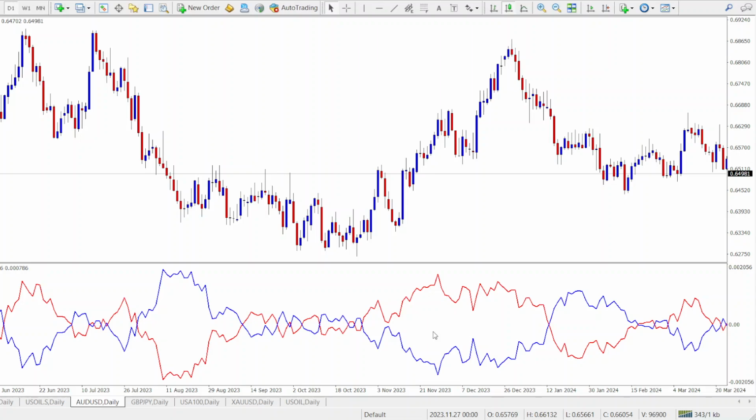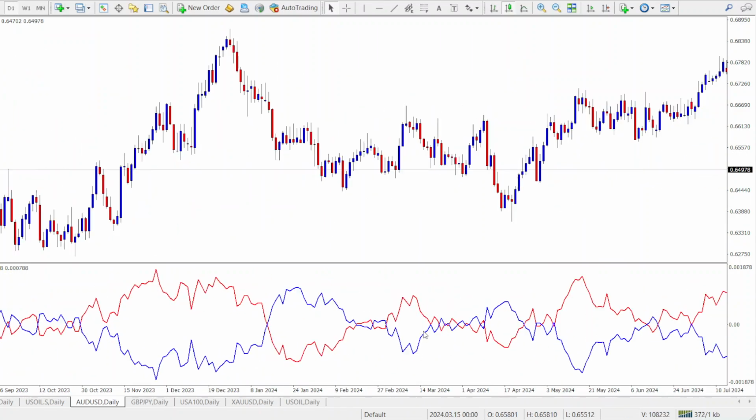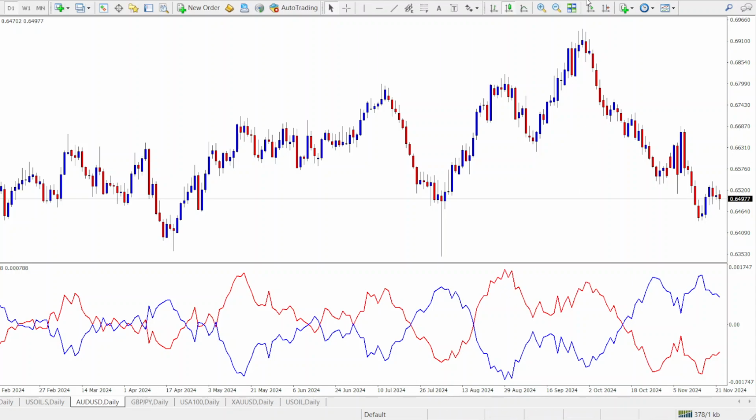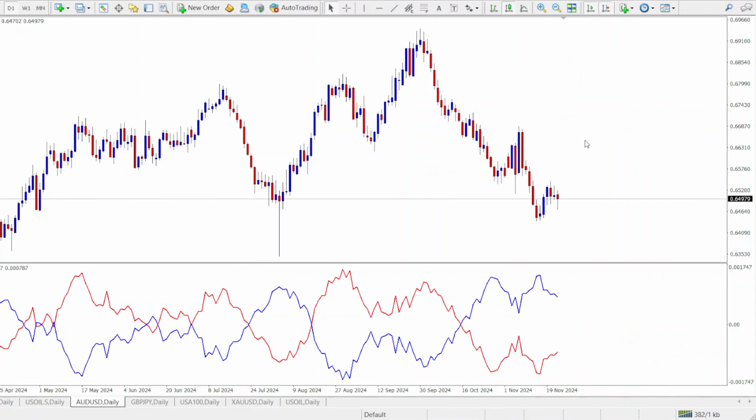So whether you are a beginner or an experienced trader, this indicator can help you to simplify trend analysis and help you to identify good opportunities. So let us look at practical examples of how to make use of this indicator.